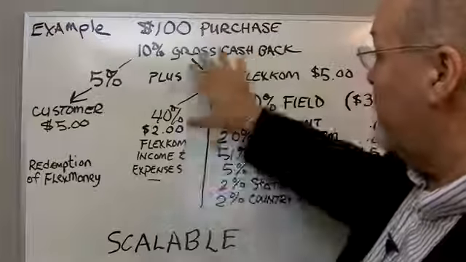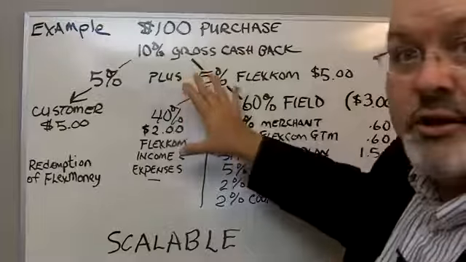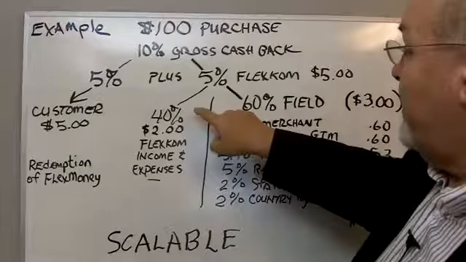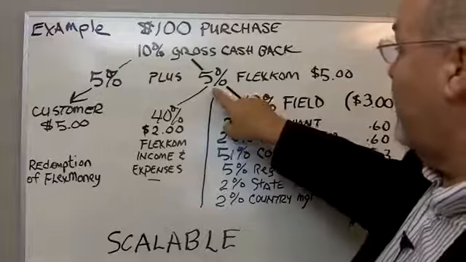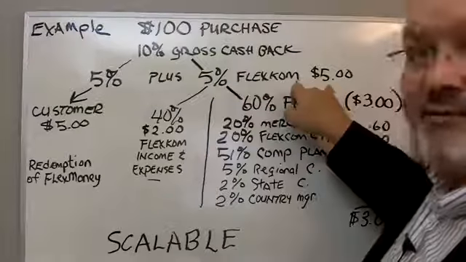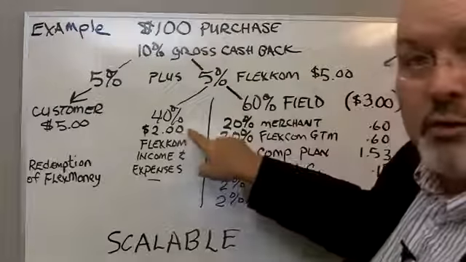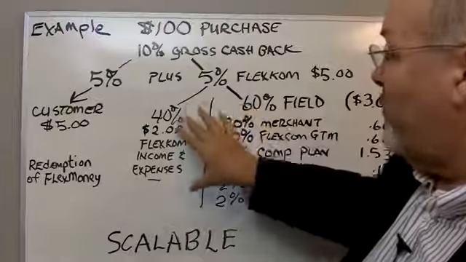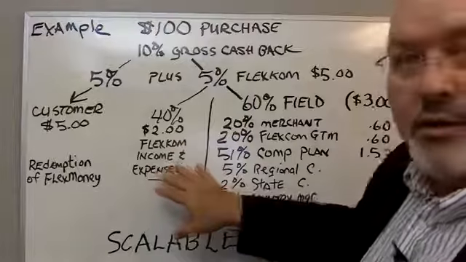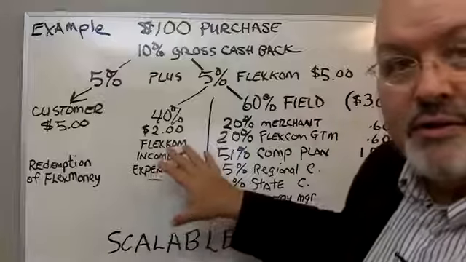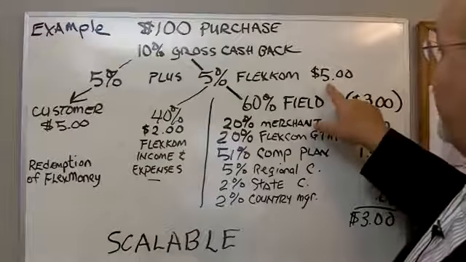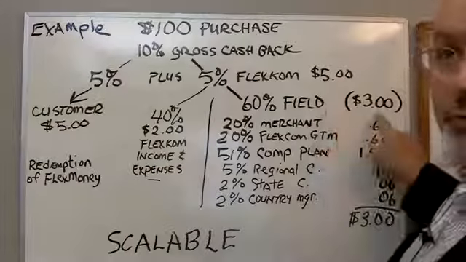So in this particular situation, where you've got $10 on the table, that 40% of the $5 is $2. And so Flexcom gets 40%, $2, which goes to their income and expenses. That leaves 60% of the remaining amount, right? 60% of 5 is $3.